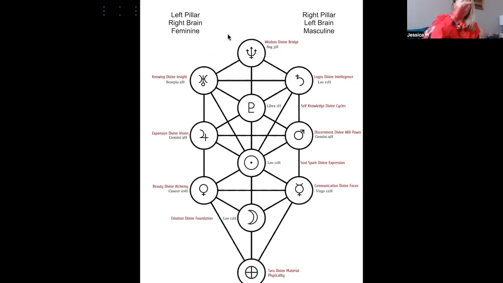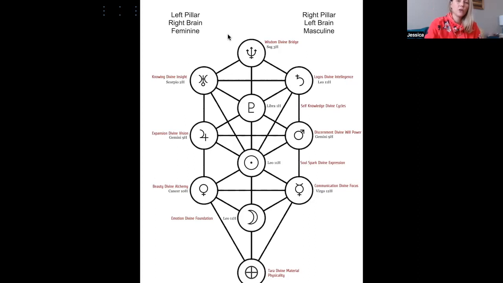As the energies move down, we have a chance to assimilate lessons from each planetary sphere. The focus of those lessons are going to be based on what constellation and house your particular planets are in. Then as they filter down, we assimilate and we either upgrade, or if we weren't able to gain the higher octave, we might have digressed a little bit, and then we have another chance as the energies move back up.